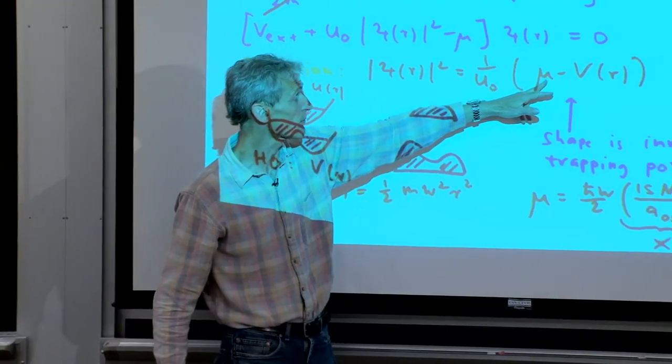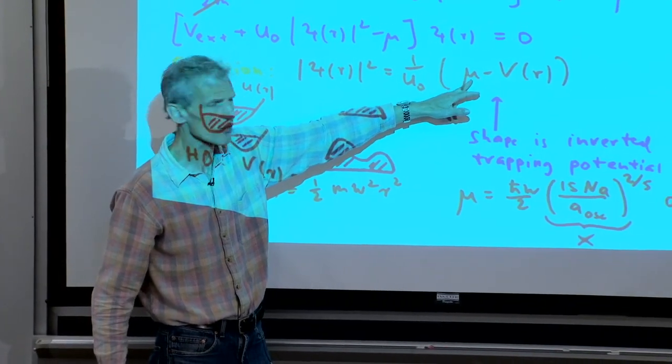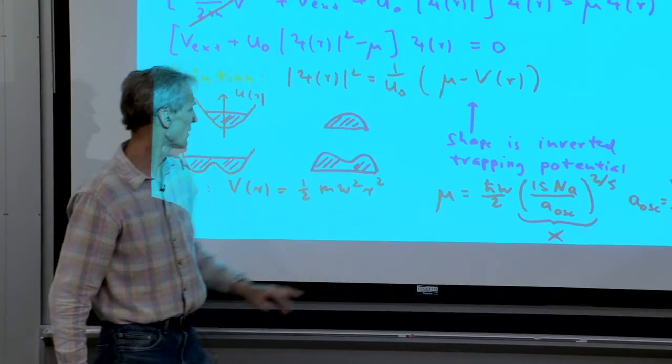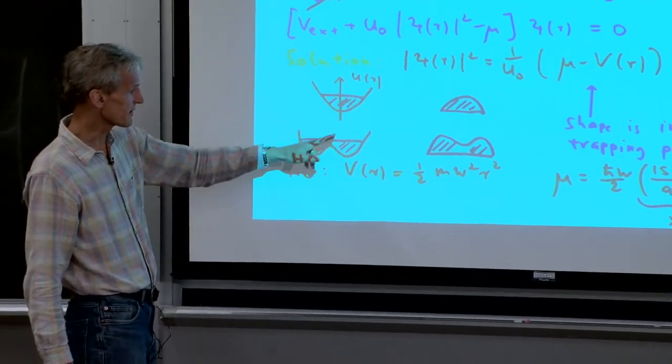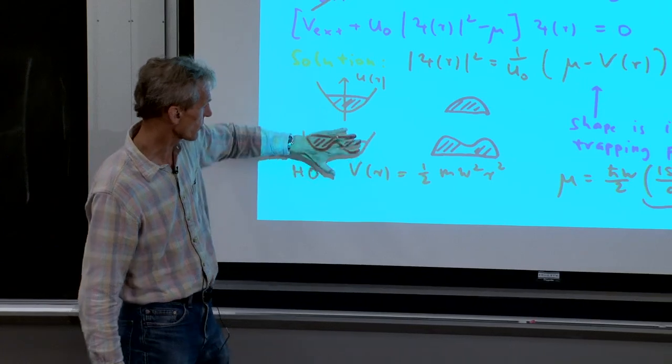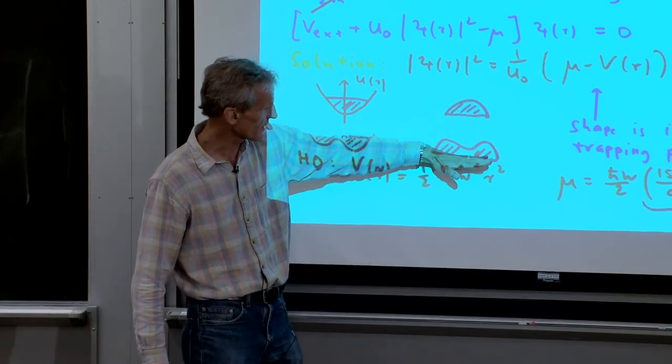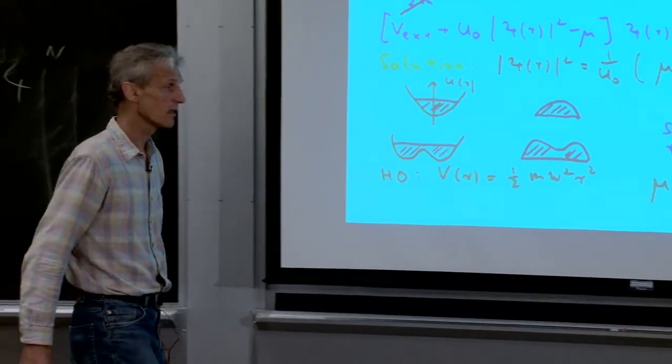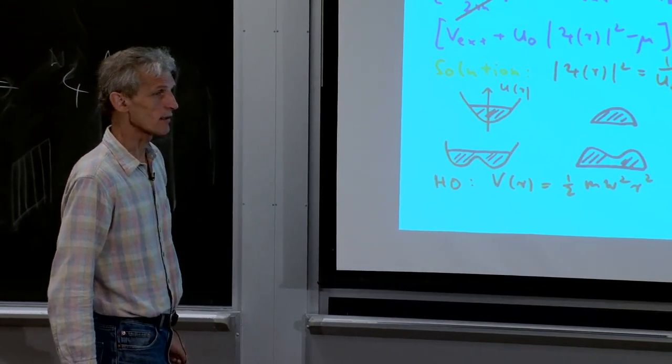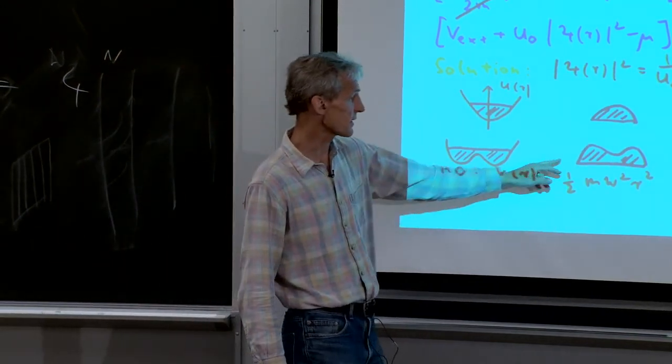And this constraint on the number of atoms is determined by the chemical potential. Or if you have a more complicated W-shaped potential, the same construction, flip it over, fill it up, gives you the condensate wave function, the density distribution of the condensate in this potential.